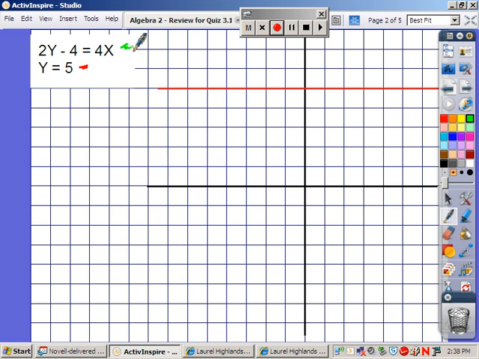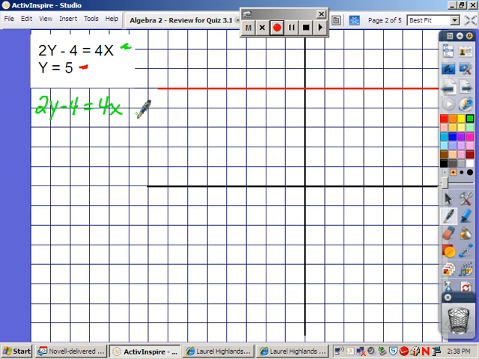Now we'll do this one. Okay, see, here I see a y here and an x here. They're on opposite sides of the equal sign. So it's really not ideal for the intercept method, which means you should probably figure out some other kind of method. In this case, I'm going to try to get y by itself and graph this like a slope-intercept form, y equals mx plus b kind of equation. So I'm going to start with 2y minus 4 equals 4x.